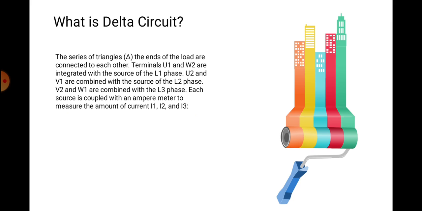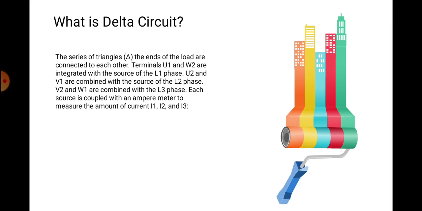What is a delta circuit? It is a series in a triangle, where the ends of the loops are connected to each other. Terminals U1 and W2 are connected with the source of the L1 phase. U2 and V1 are combined with the source of the L2 phase.